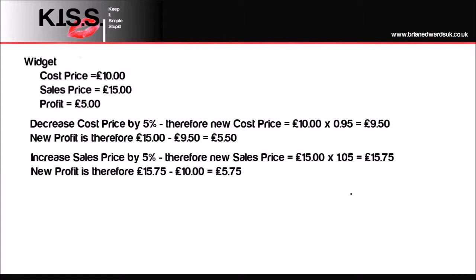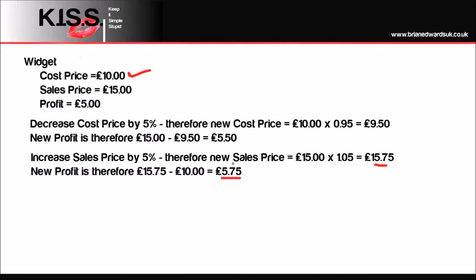Let's have a look at what the manufacturing director responded with. He suggested increasing sales price by 5%. Therefore the new sales price is £15 multiplied by 1.05 to give us a 5% increase. So our new selling price is £15.75. Our new profit therefore is this new selling price at £15.75 minus the original cost price of £10, giving us a profit of £5.75.